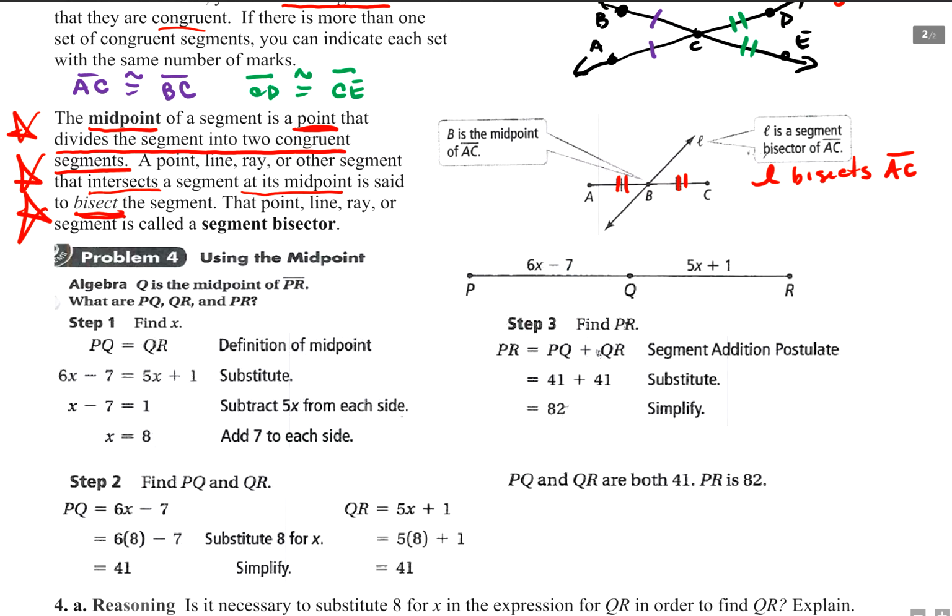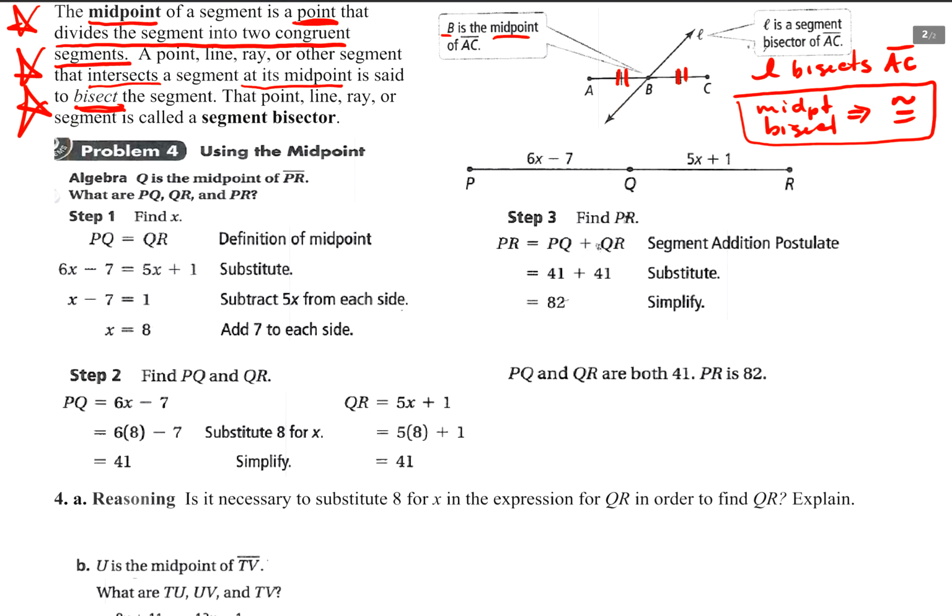If I know that point B is the midpoint of segment AC, I go and I mark them congruent. Midpoint and bisect. So midpoint or bisect, you see those 2 words? You are going to mark things congruent. Big ideas here.